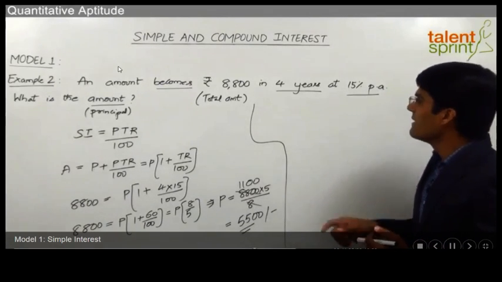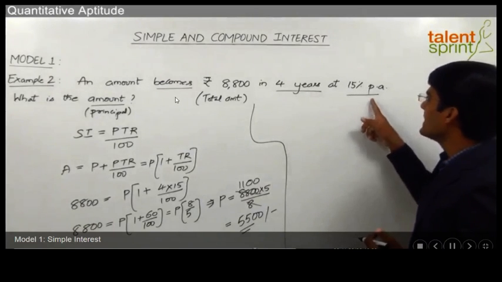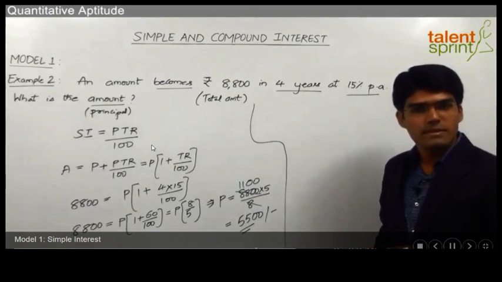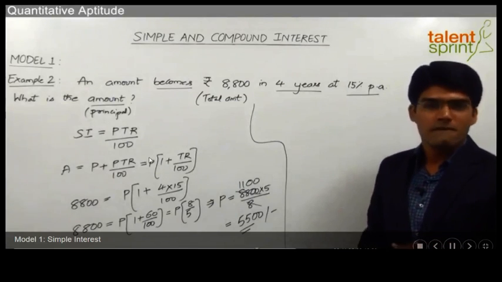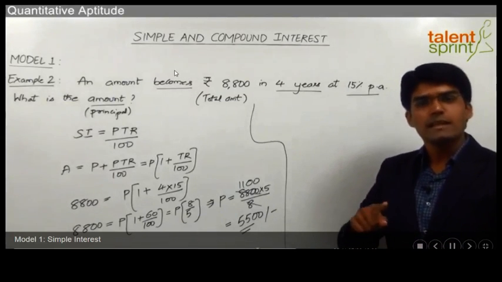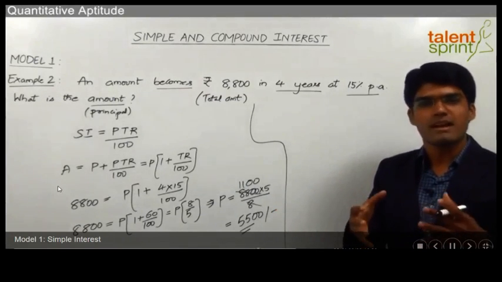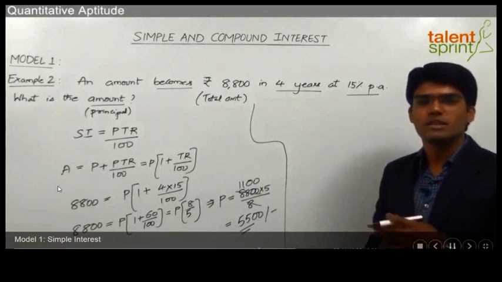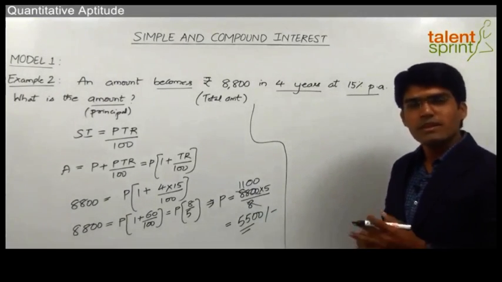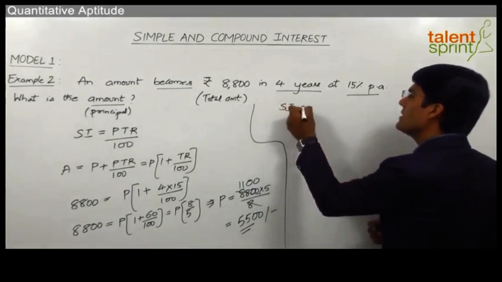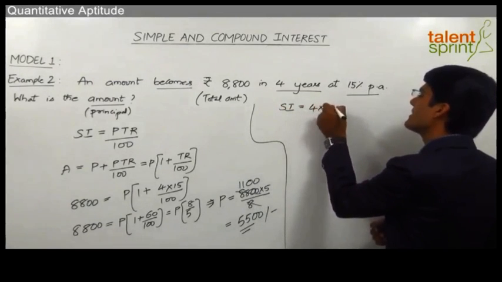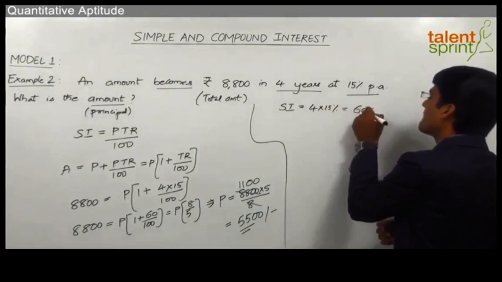Now, as you can see here, the time period is 4 years and the rate of interest is 15% per annum. That means every year we get 15%. So very clearly in 4 years, the total interest accrued will be 15% into 4, that is 60%. So the simple interest will be equal to 4 into 15%, that is nothing but 60%.